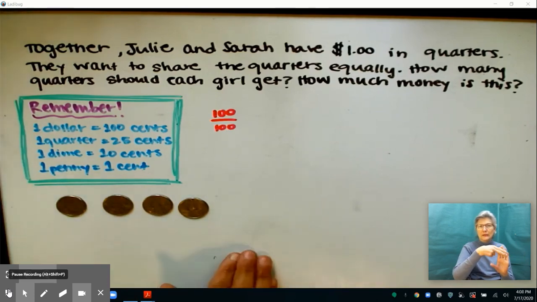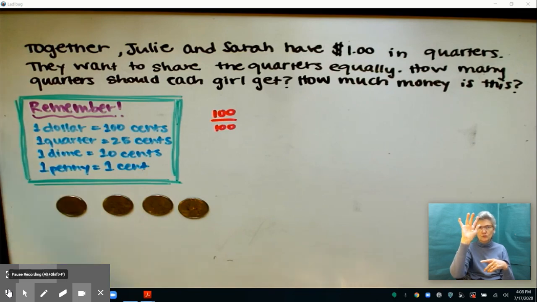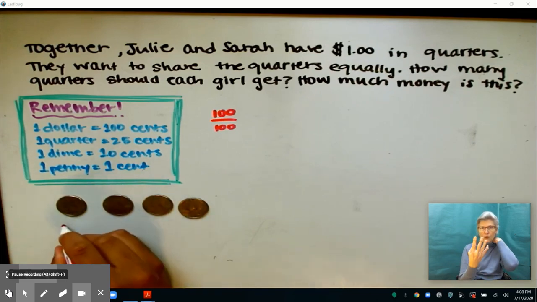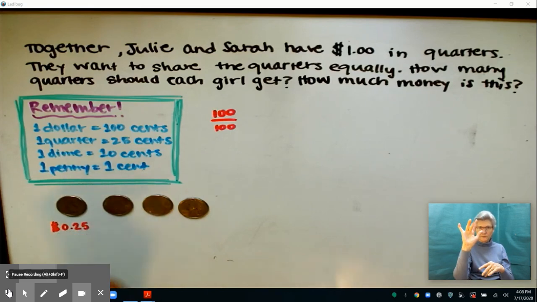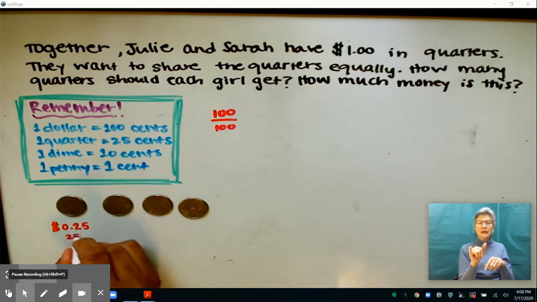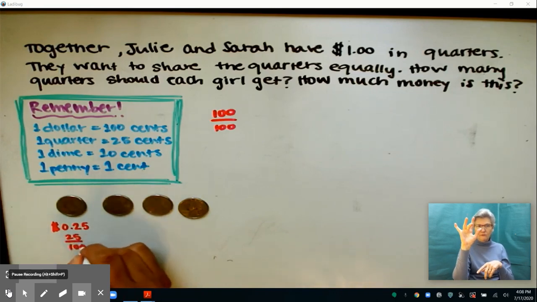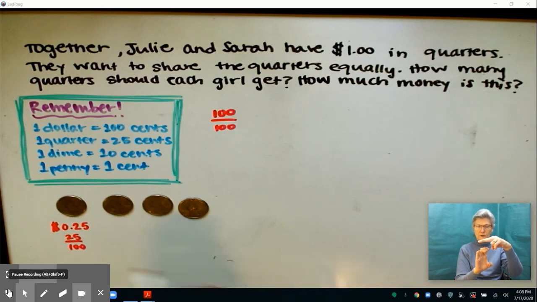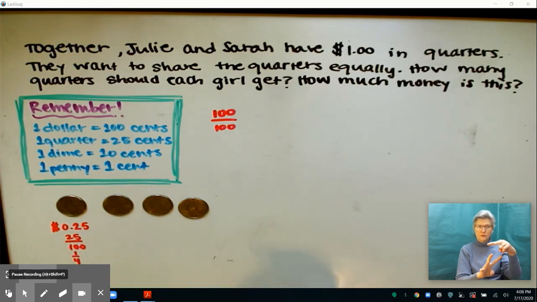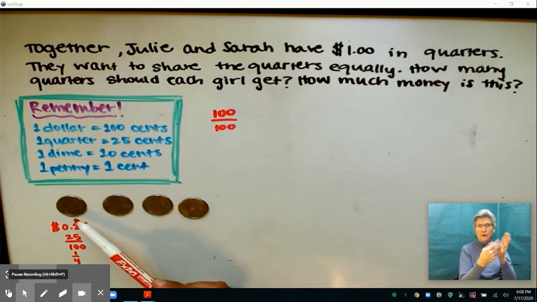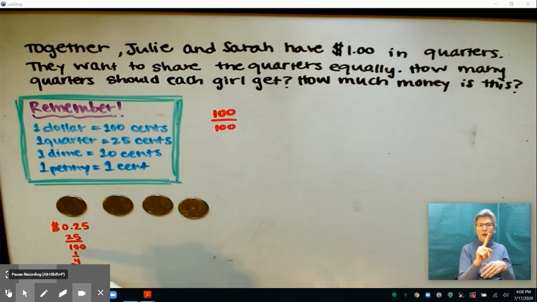I know that 1 quarter is 25 cents, or I could also say that it is 25 out of 100 cents, right? That I also know can be reduced to 1/4. So there's 3 different ways that I can represent this amount of money, 1 quarter, in a decimal or in fractions.